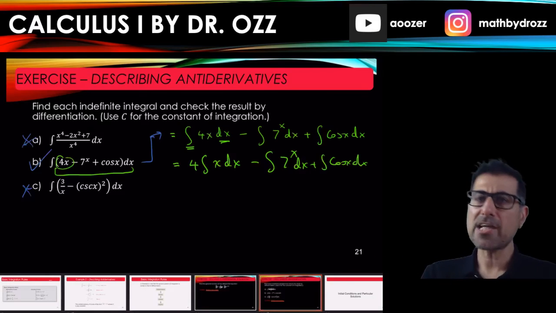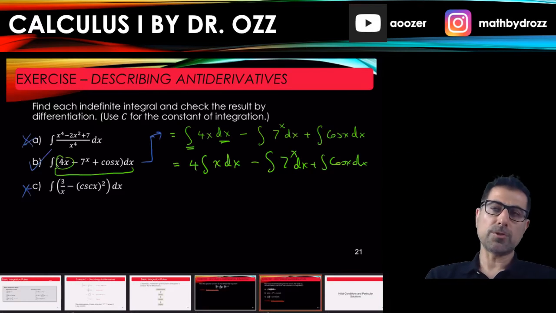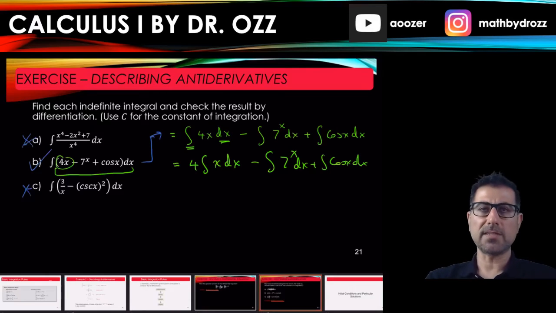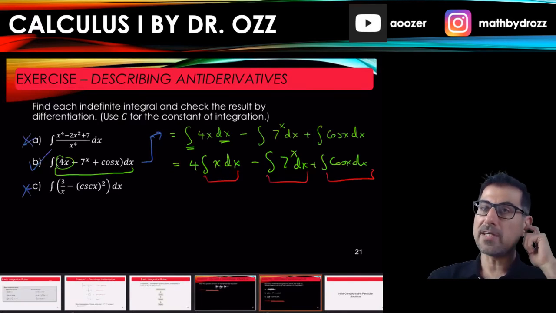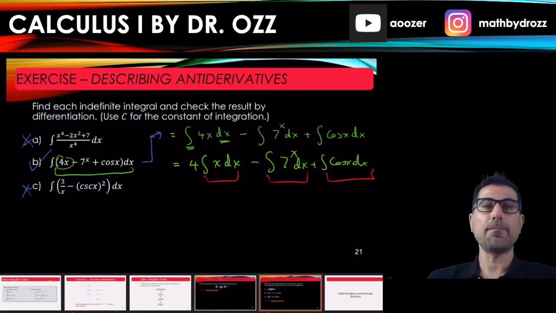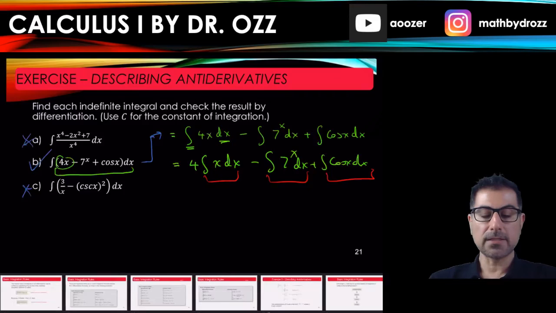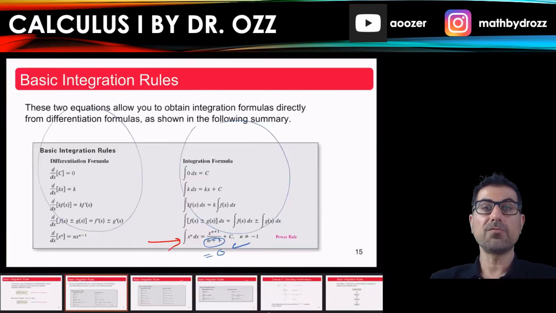The whole rationale in the divide and conquer technique is that once you split everything, the individual pieces should be integrated by using the tables that we had in the previous slides. For example, we have x dx. I know that the power rule for integration is going to cover that.